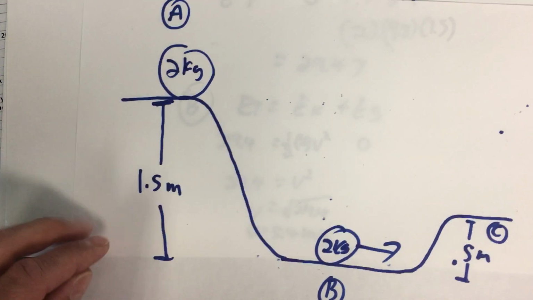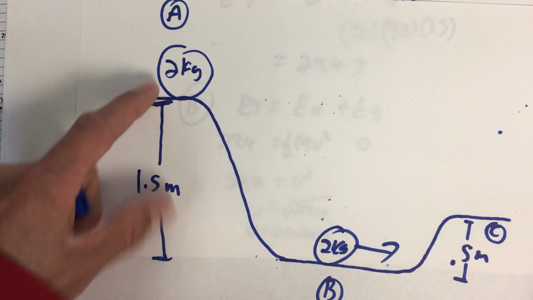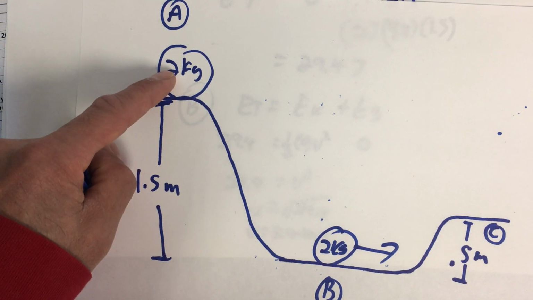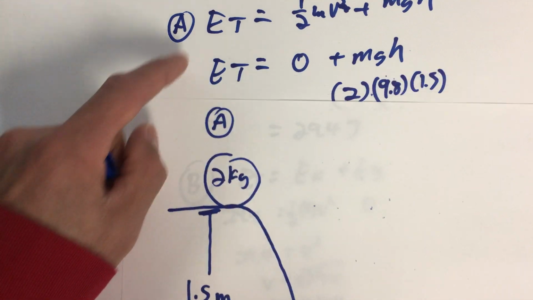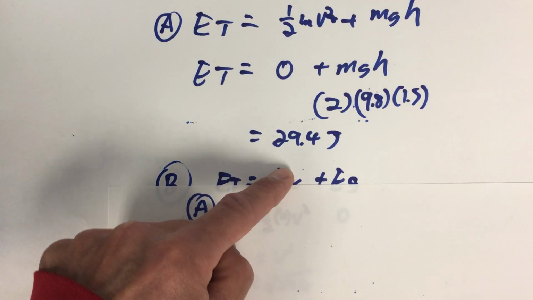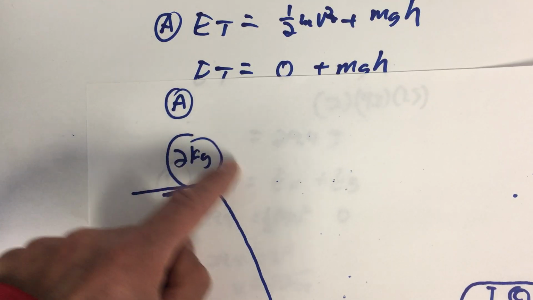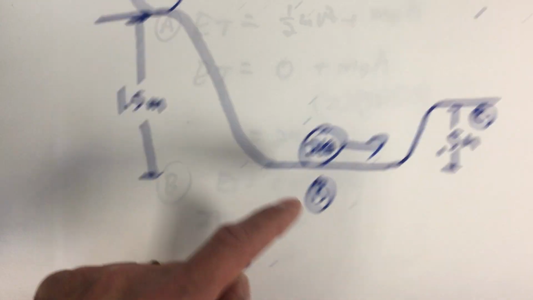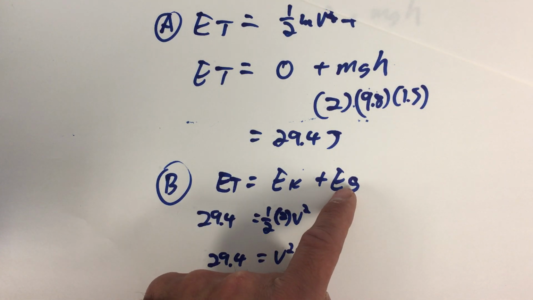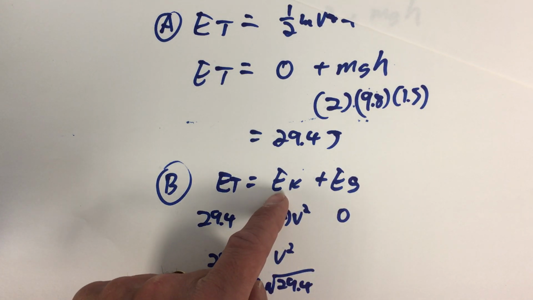So, recapping, we started out up here using height and mass and 9.8, and the fact that it wasn't moving, we found the total energy in the system to be 29.4. After it's rolled down to here, our height is 0, so there's no longer gravitational potential energy. All of the energy has gone into kinetic.